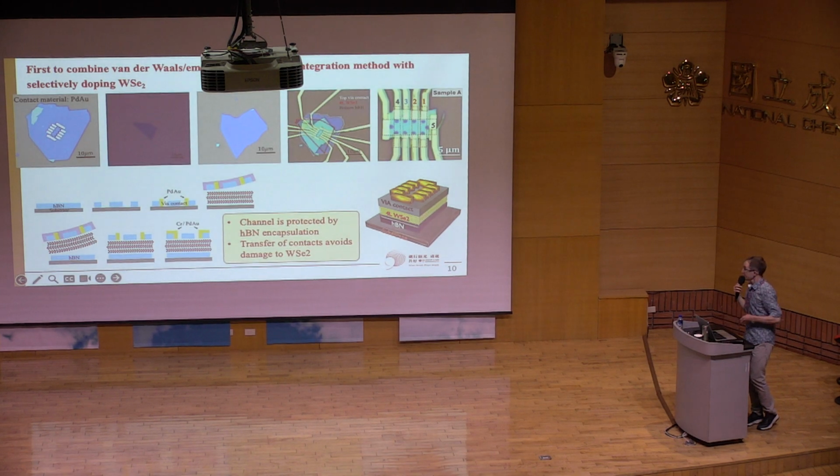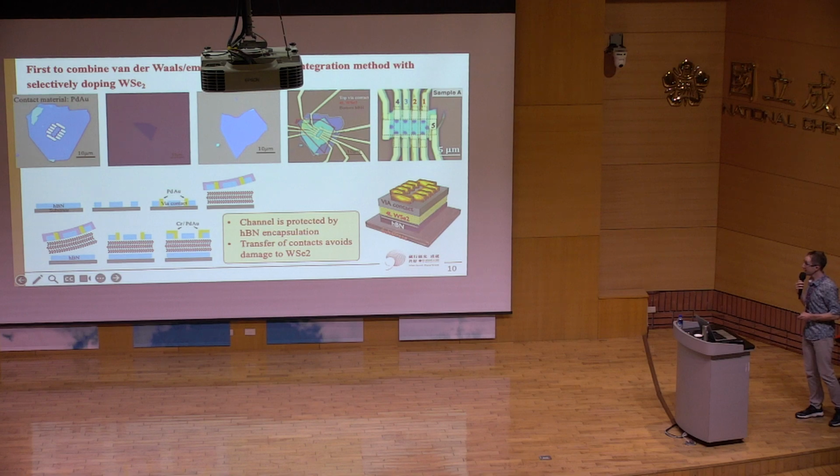So the fabrication of these devices: we have 3 layers. Here, this is our top layer in which we've etched our holes, and we've also deposited our metal contacts. You can see there are little holes, or little dark spots, next to the contacts. From the side-on view, we etch the holes, deposit the metal contacts, and then transfer that layer onto our middle layer, which is our tungsten diselenide.